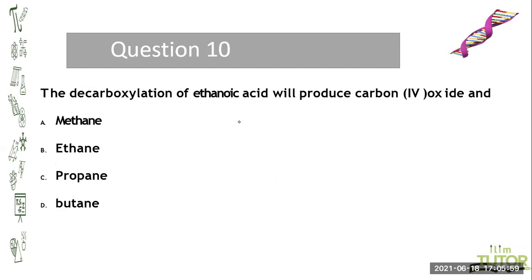And this question said the decarboxylation of ethanoic acid will produce carbon dioxide and what? So if I have this, basically all I need to do is to write out the formula. Decarboxylation is an example whereby the carboxyl group is removed. Now you have CO2.